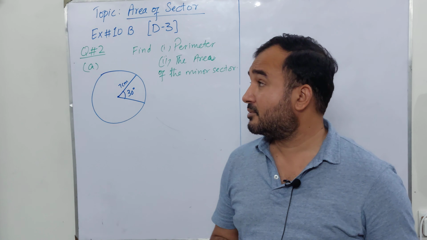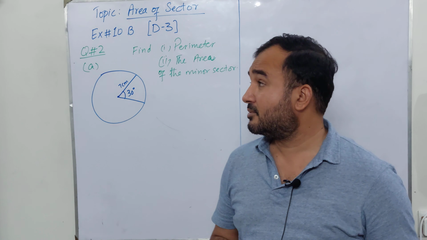So now the area of the shaded region is equal to the area of the big sector minus the area of the small sector, right?